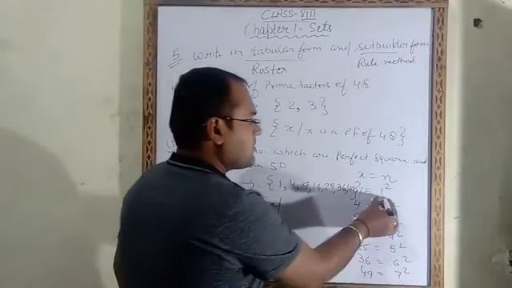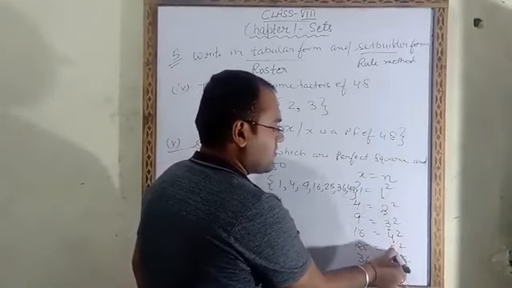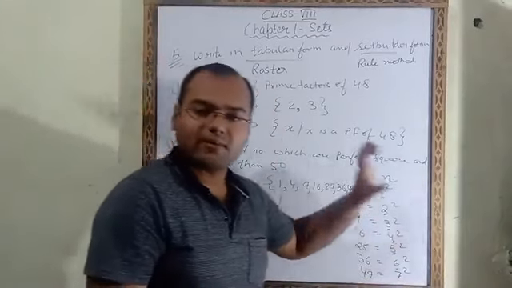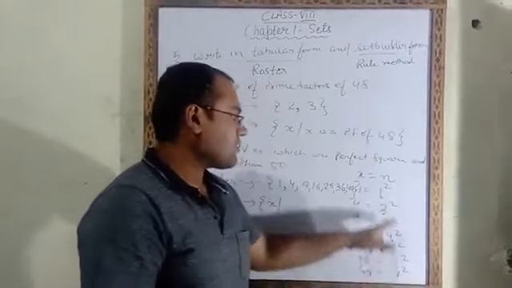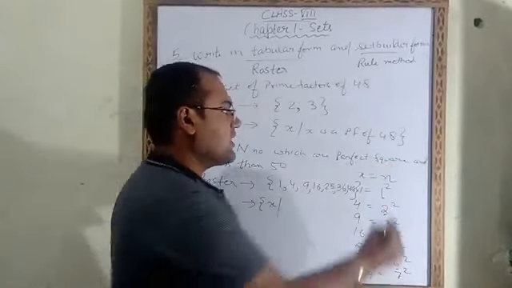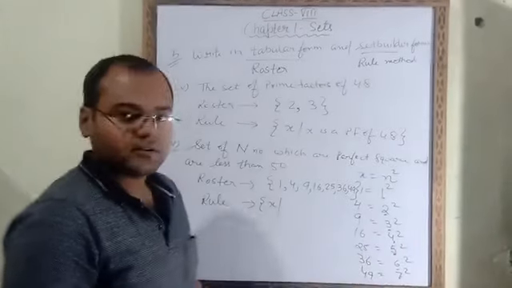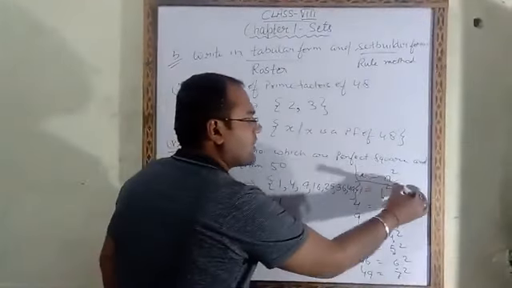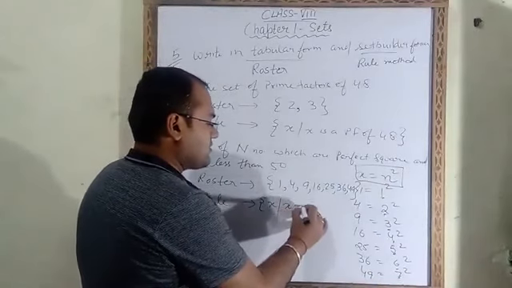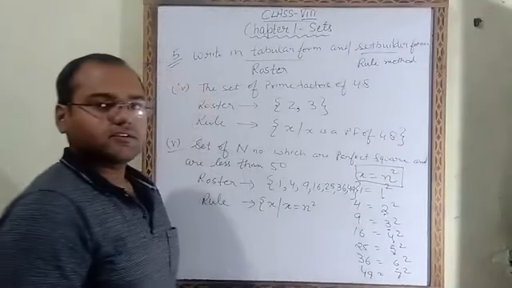These values 1, 2, 3, 4, 5, 6, 7, these all values are n. And on each value we are observing that square is there. That means on n we have to put the square. So we got one formula here, x is equal to n square.